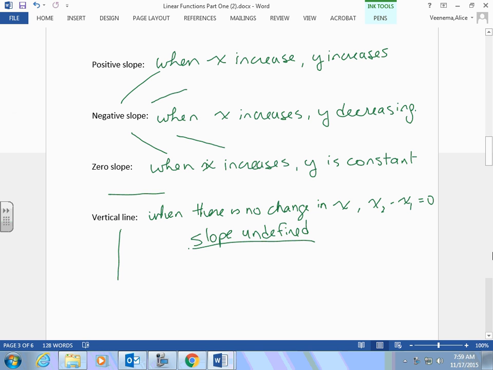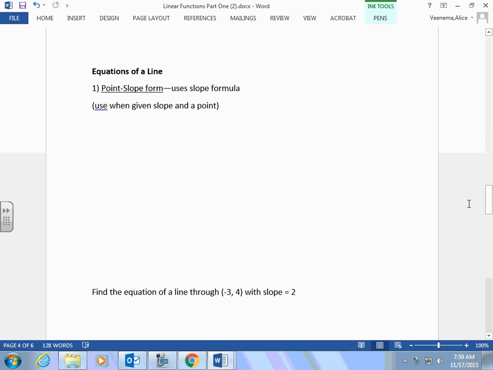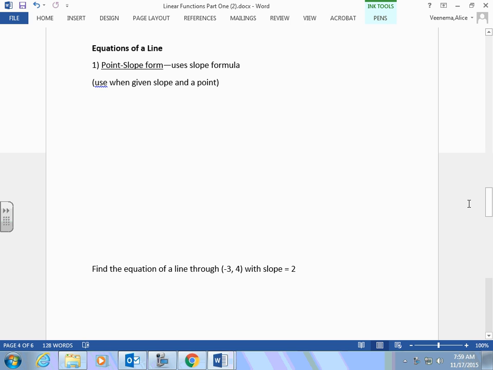Okay, we're going to look at a few different versions of the equations of a straight line. And the first one we're looking at is point slope form, and it uses the slope formula to find the equation of the line. And it's very useful when you're given the slope and 1 point. So if you think about the slope formula, m equals y minus y1 over x minus x1, see how that's so similar to the slope formula?